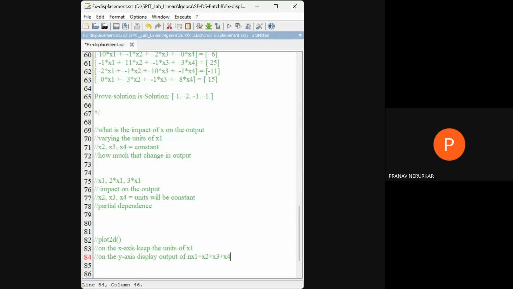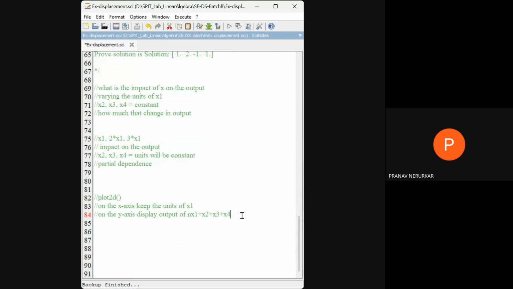So this partial dependence plot will help you understand how much x has impact on the output. Very interesting plot. Even in sklearn, they provide a ready-made function, but that is in Python. I hope the question is clear. Again I am repeating, you can note down the question.